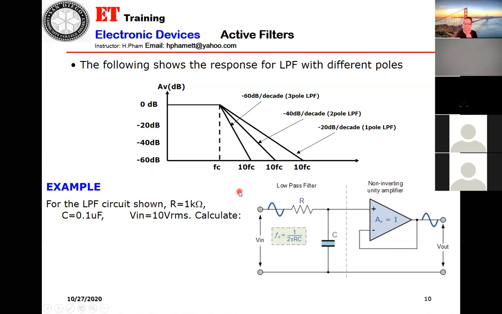So the bigger the pole, the better? That's right. This is the one you want right here, FC right here, that means ideal. They cut off right away. We don't get the ideal, but the better one in this graph is minus 60 dB. And that greater attenuation rate represents a greater selectivity for the signal that you do want. Exactly.